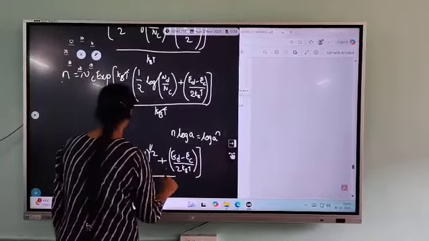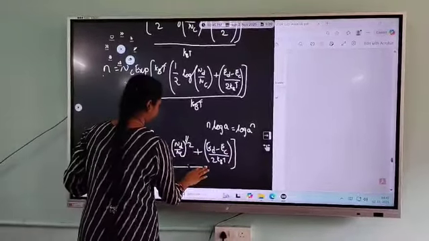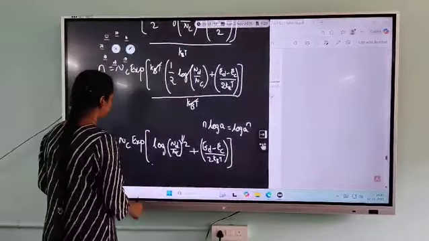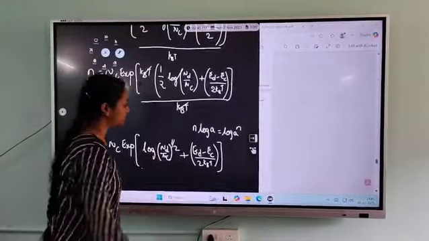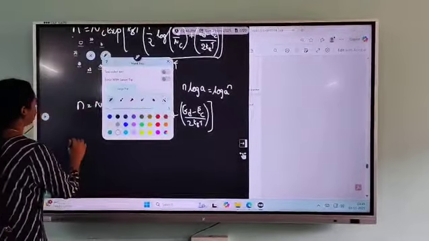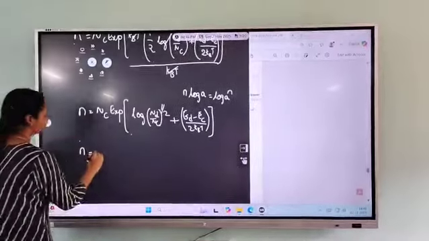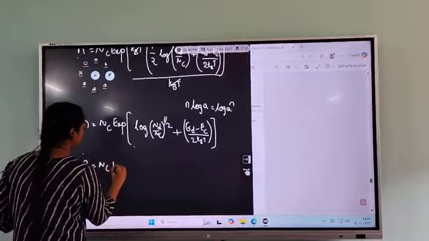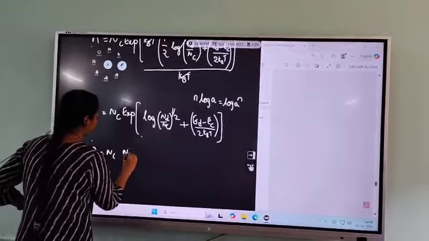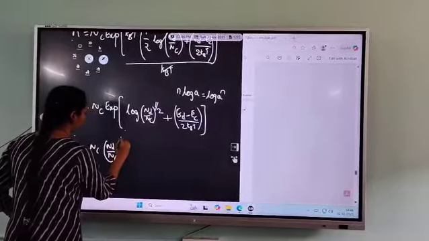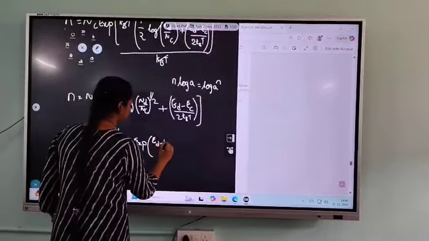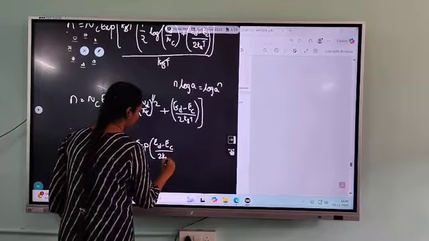Then, using exponential of A plus B is equal to exponential of A into exponential of B, n is equal to Nc into Nd by Nc whole power 1 by 2 into exponential of Ed minus Ec by 2kBT.